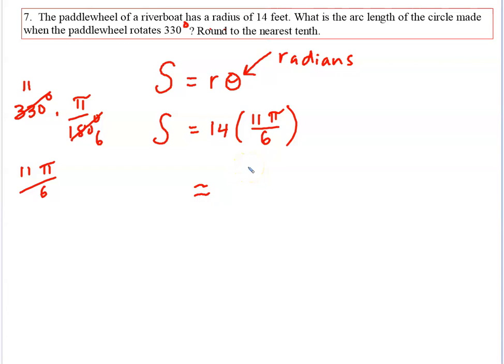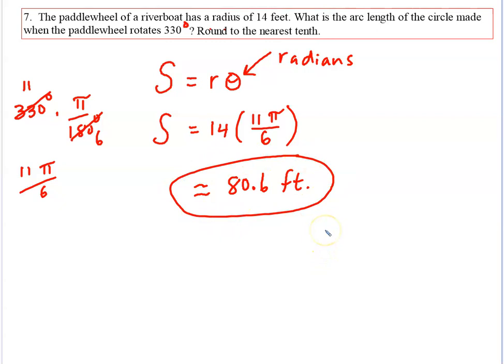So in your calculator, you're just going to do 14 times 11 times pi, and that gets divided by 6. And to the nearest tenth, it's about 80.6 feet. So you should know the formula to find the arc length of a circle.